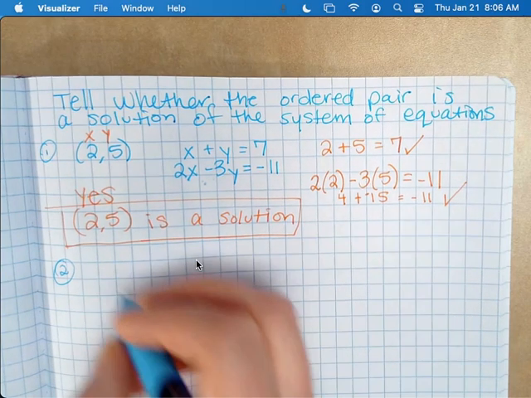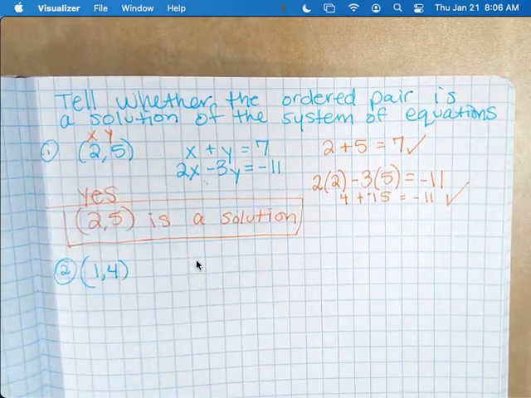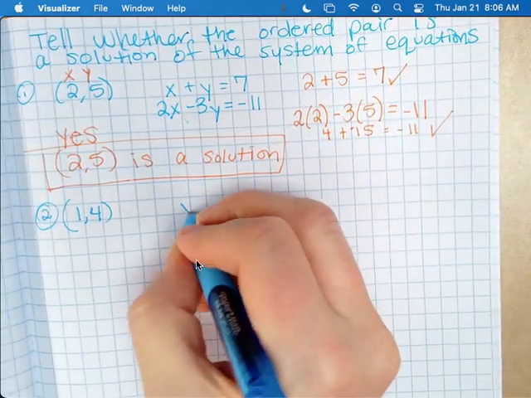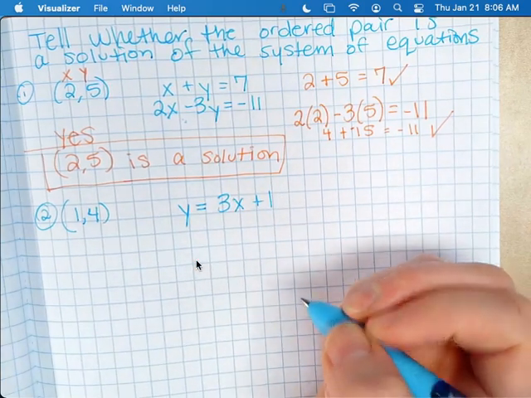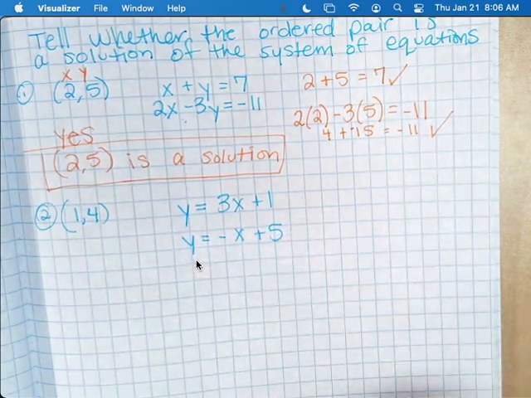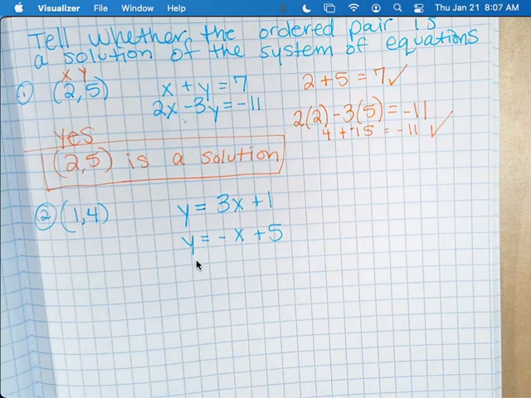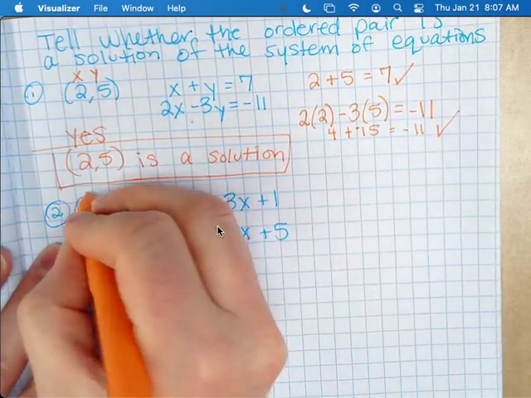Okay, the next one is to check this point (1, 4) with this system: y equals 3x plus 1, and y equals negative x plus 5. So this is x, this is y.